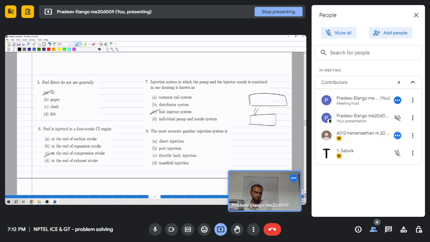If there are, say, 6 cylinders, from one distributor unit it goes to the injectors on each cylinder. But in the unit system there will be one unit sitting on every cylinder, with a cam actuated pump and an injector, and it can be controlled electrically. So it is the unit injector system.